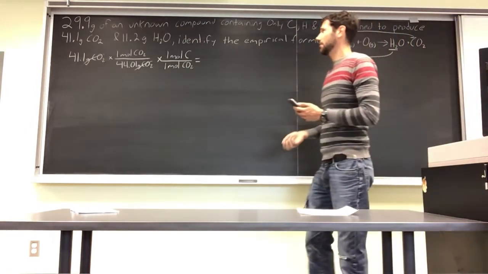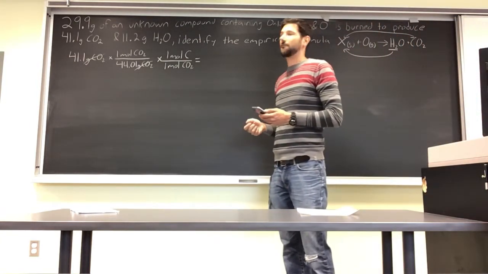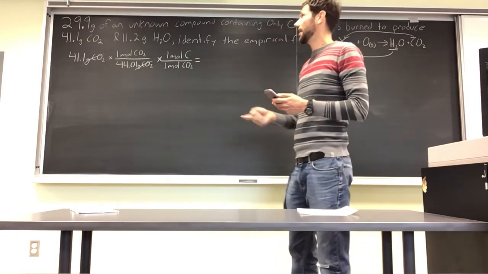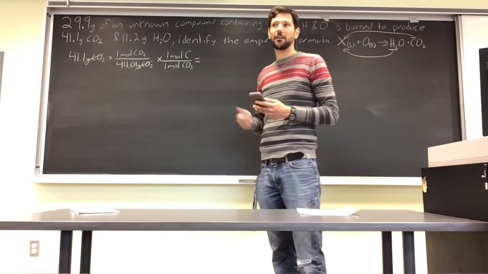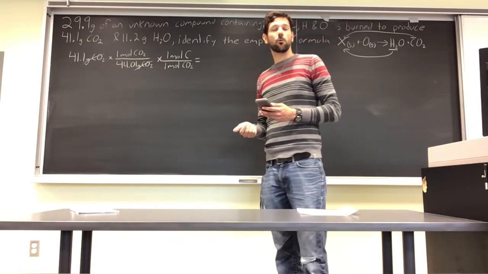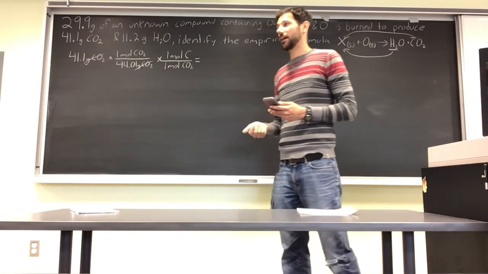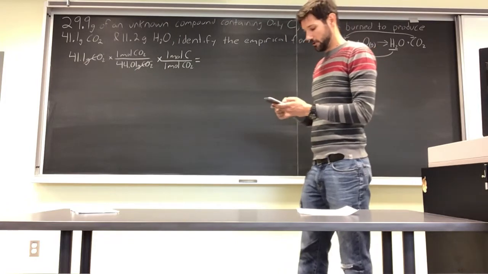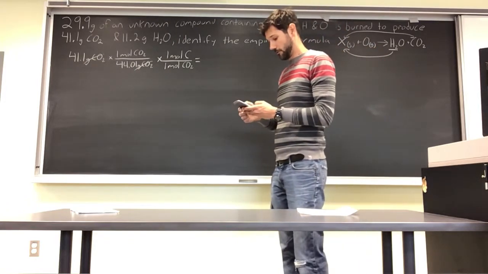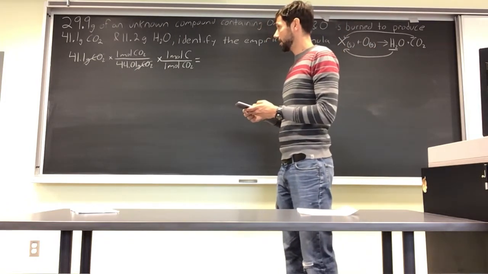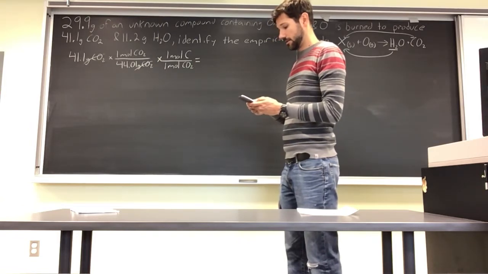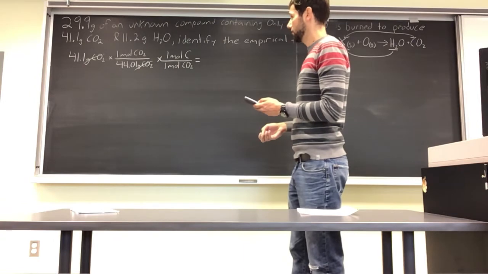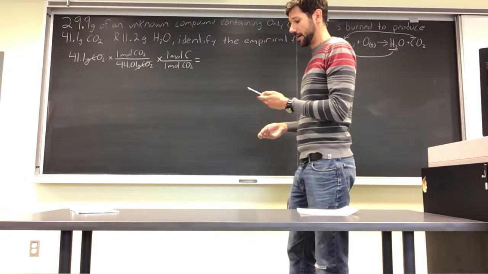And what I'm going to do is I'm always going to keep 2 additional significant figures from what I should have. Looking at the question, we need 3 significant figures, so I'm always going to use 5 until the very end, and then that way we won't encounter any rounding errors. So 41.1 times 1 divided by 44.01 equals 0.93388.